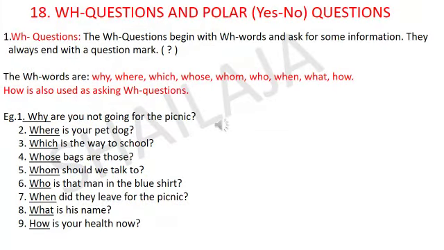WH questions and polar questions. They are also called yes/no questions, children. Now, WH questions begin with WH words, ask for some information, and expect some information about it. So they always end with a question mark.